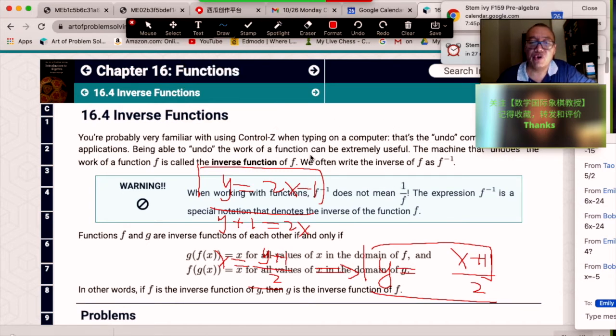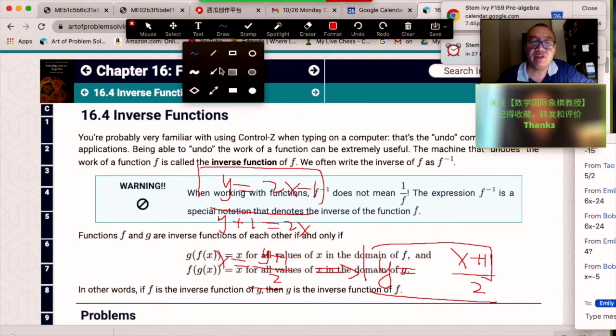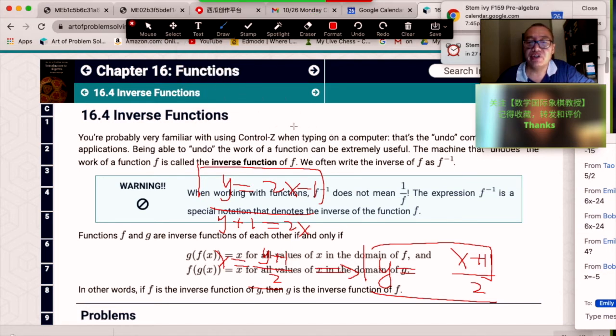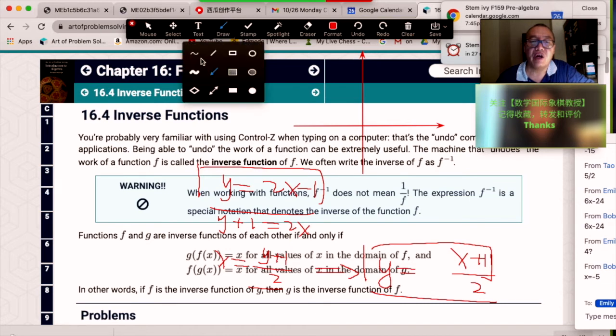Now let's draw. In geometry, what does this mean? If you draw the origin and Cartesian lines, let's see. These two are both linear functions. For y equals 2x minus 1, when x equals 0, y equals negative 1. Suppose here is 0, here is negative 1.